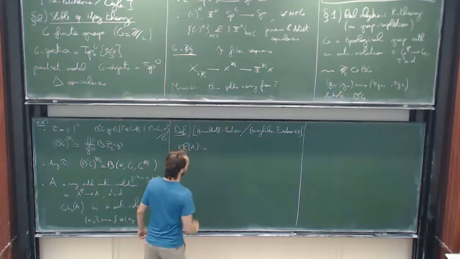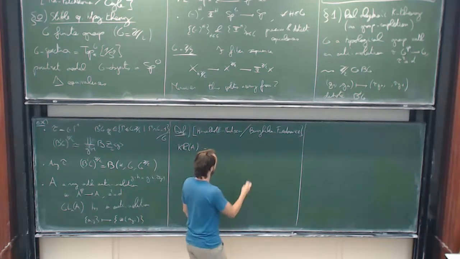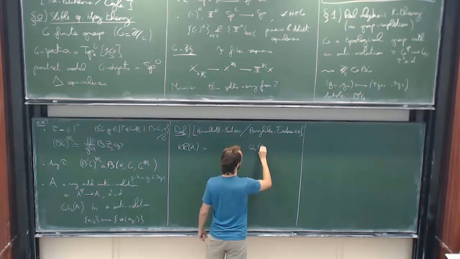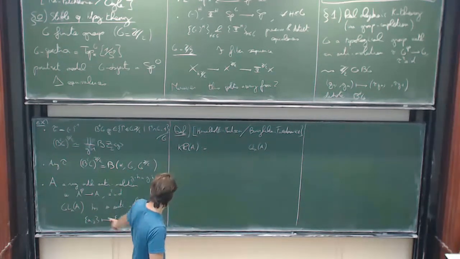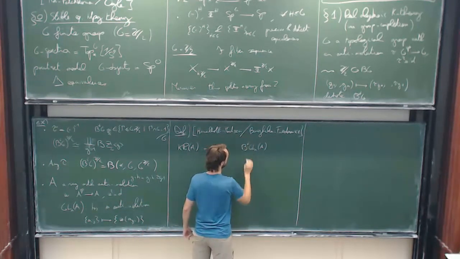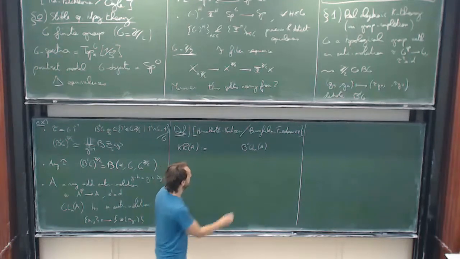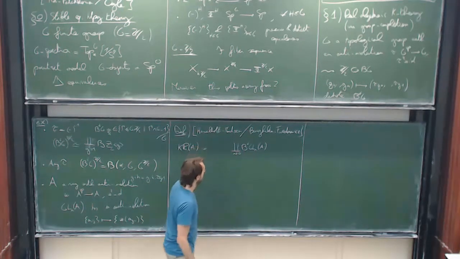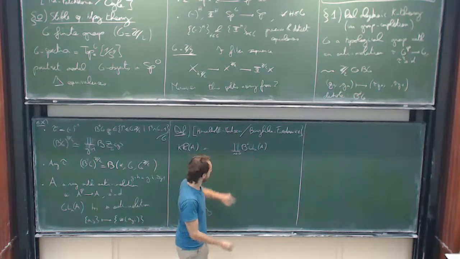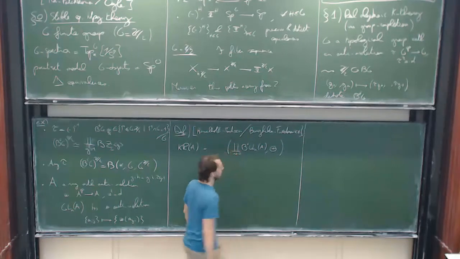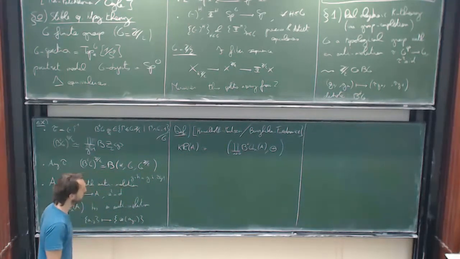What is it? You can take GL_N of the ring with this anti-involution and take its B sigma. And then you take the disjoint union over N. By block sum of matrices, this is a topological monoid with a Z/2 action.